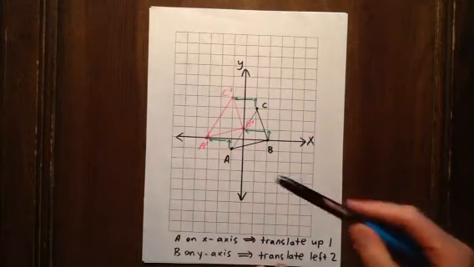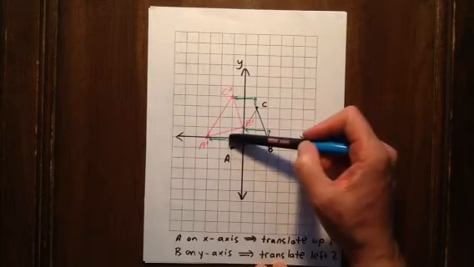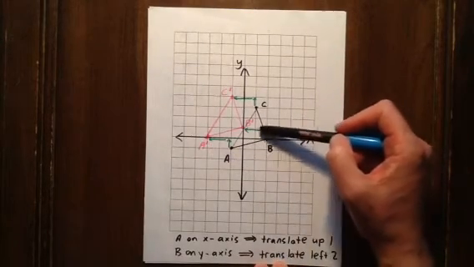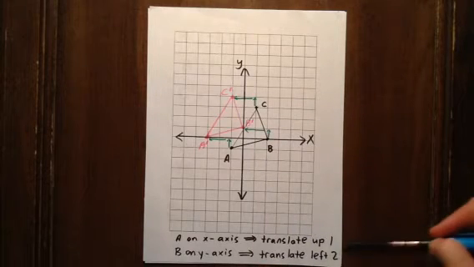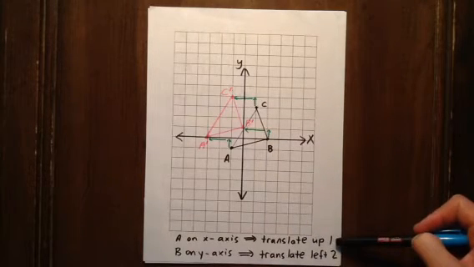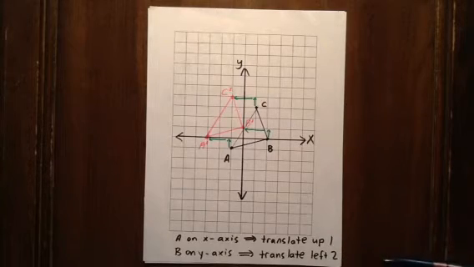So if we go up 1 and left 2 for every single point, what we're really going to end up doing is adding 1 to each y coordinate, because that's how you translate up 1 unit, and subtracting 2 from every x coordinate, because that's how you move to the left 2 units.